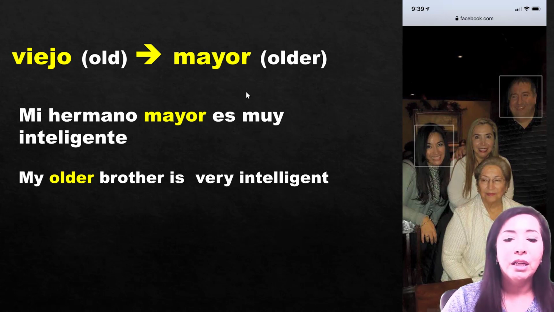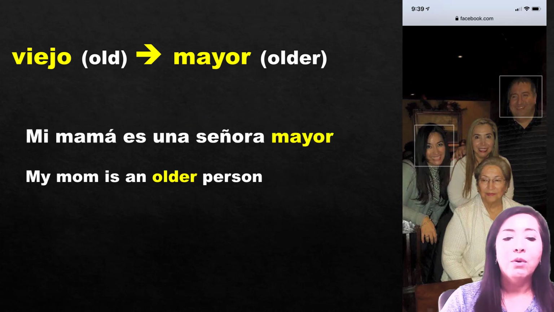My older brother is very intelligent. Likewise, mi mamá, that you see right there in the picture, es una señora mayor. You wouldn't say es una señora vieja o es una señora muy vieja. You could say that, but it sounds harsh. Okay, so instead you would say mi mamá es una señora mayor.